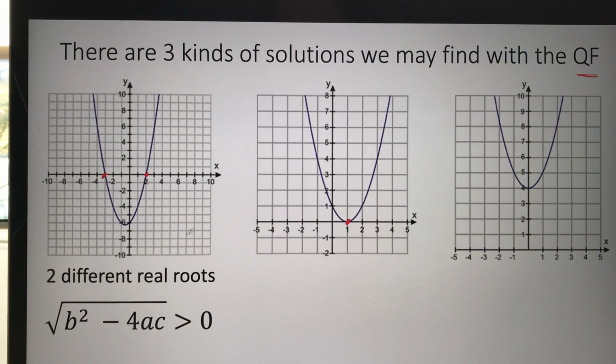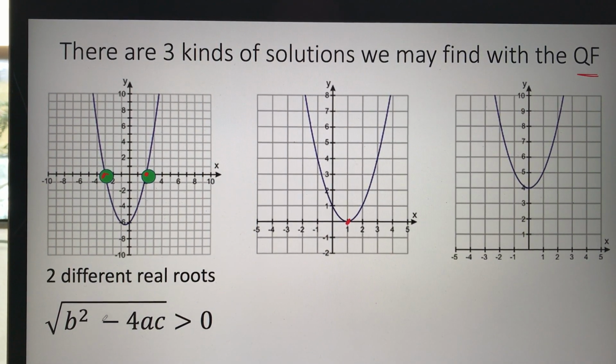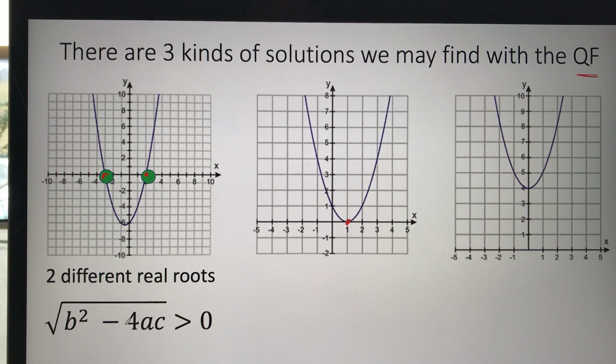The first one, when we have two roots, we call them two different real roots. That's the case where the square root part of the quadratic, b squared minus 4ac, is bigger than 0, a positive value. It could be 10, 12, 15, 0.3, whatever, but it has to be positive. We can find the square root of a positive number, break it apart with our plus and minus, and get our two answers.